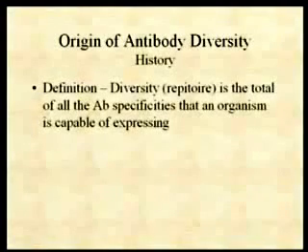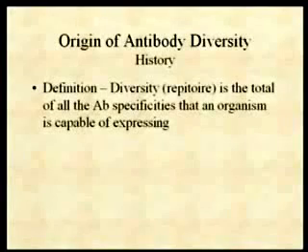The whole number of different kinds of antibodies that you can make is your diversity or your repertoire. This is different from heterogeneity. Heterogeneity refers to a lot of different kinds of immunoglobulin molecules. Diversity refers to the specificities of the molecules.